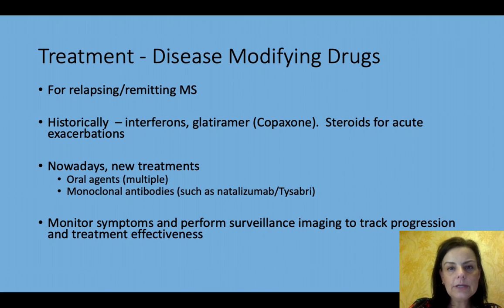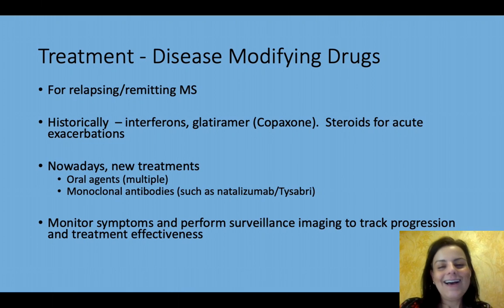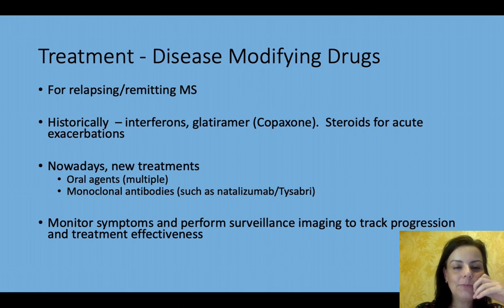Traditionally, the only real disease-modifying drugs we had were interferons, and then glatiramer, also known as Copaxone. If you were having an acute demyelinating episode, you treat that with IV steroids. But if you wanted a medication that prevents further episodes, you'd put them on interferons or glatiramer.